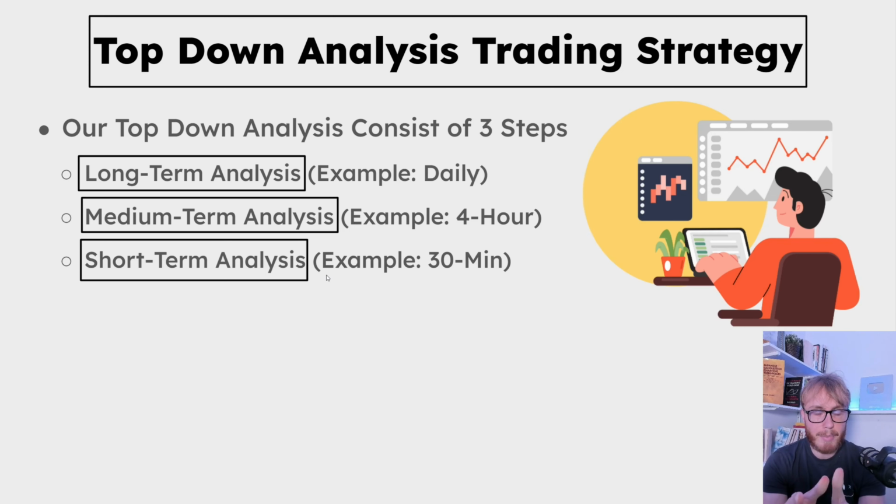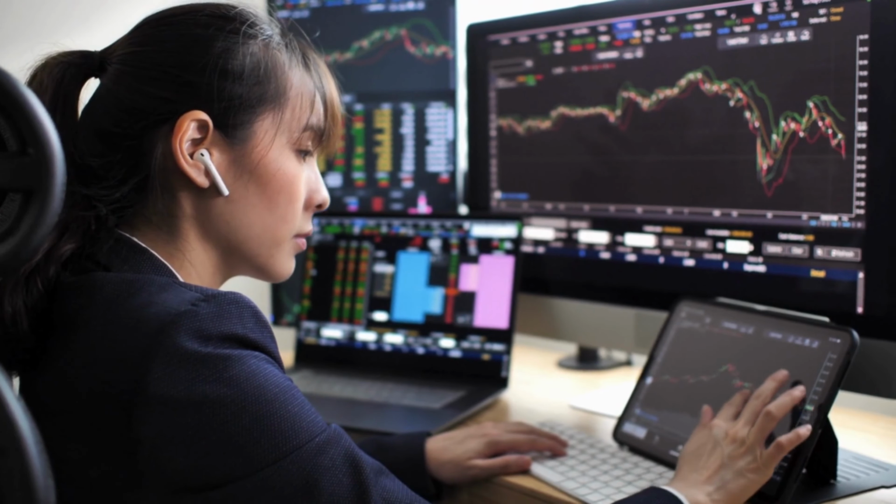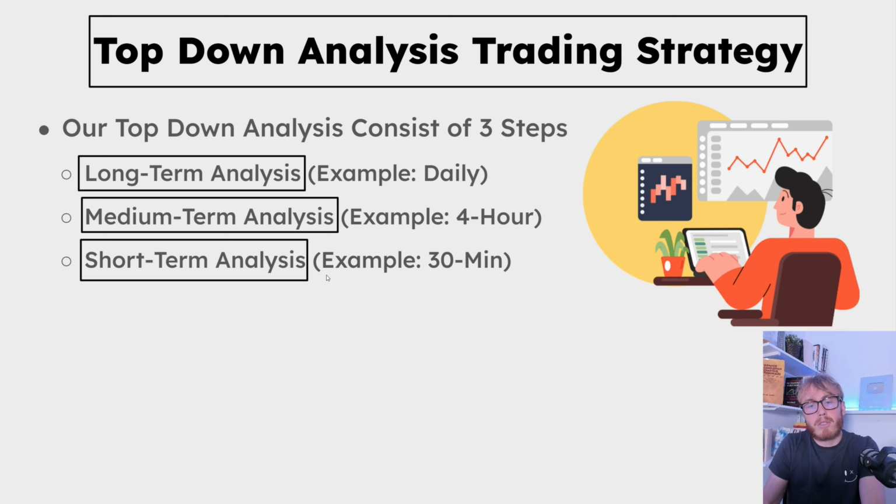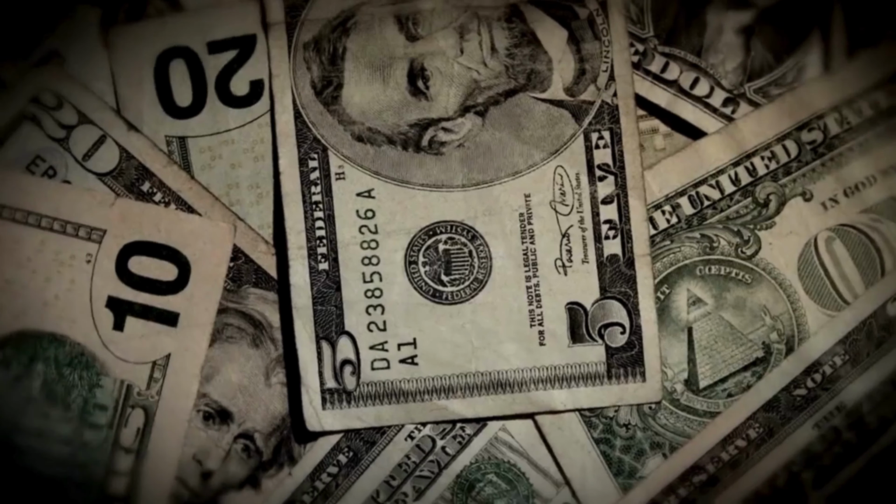Next up, we're going to talk about exactly what we need to look out for on the daily, 4 hour and 30-minute time frames to perform our analysis, and as a result, take trades based on a more comprehensive picture, get higher probability trades and win more money.